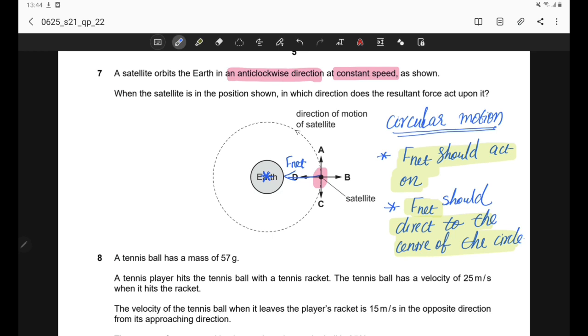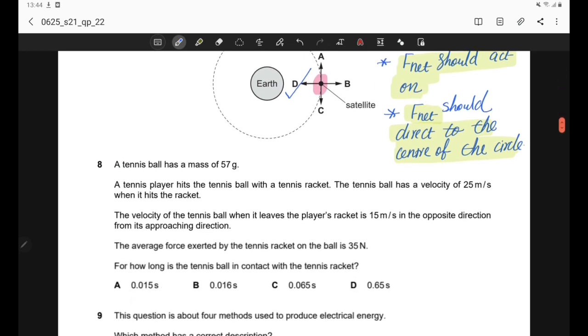Then only can the satellite continue to move in a circular path. Therefore, the resultant force direction must be along the arrow pointed towards the center, so the correct answer is option D.